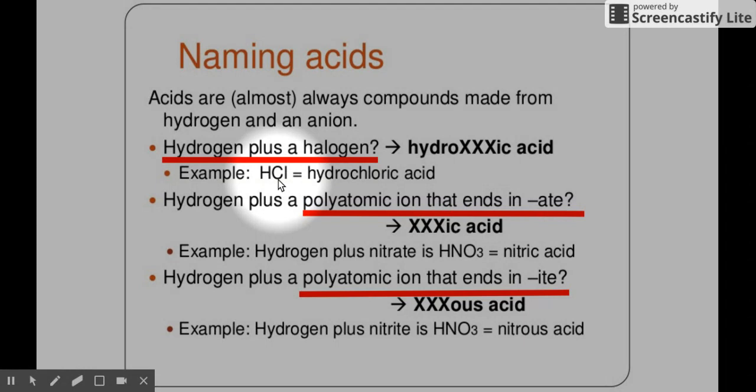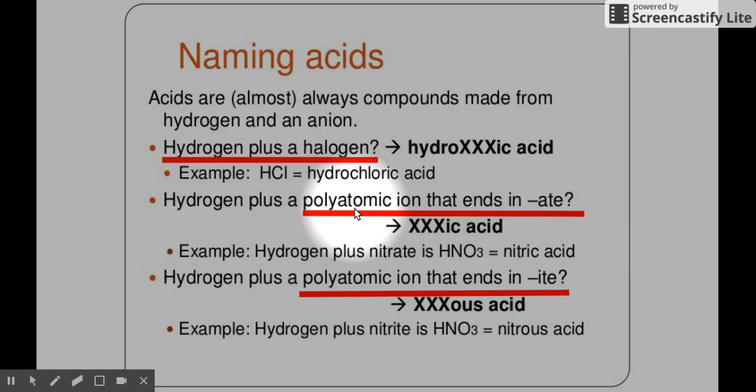Let's now go to the second category, our ternary acids. The ternary acids are subdivided into two. When we say ternary acids, we have hydrogen plus a polyatomic ion. Now you're familiar with the polyatomic ions. These are the ions listed in your list, and these ions are composed of more than one type of element.